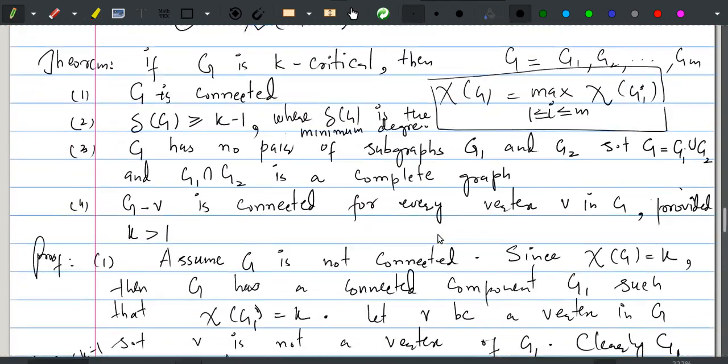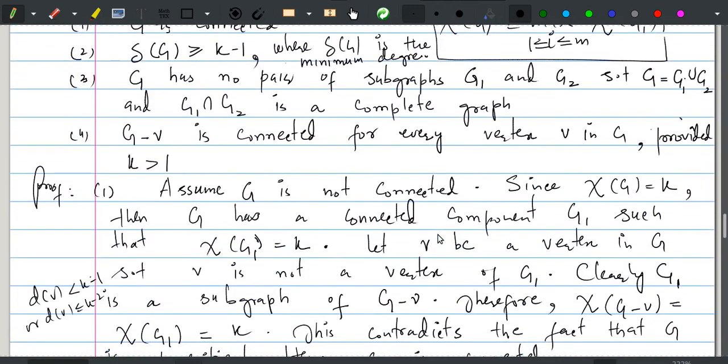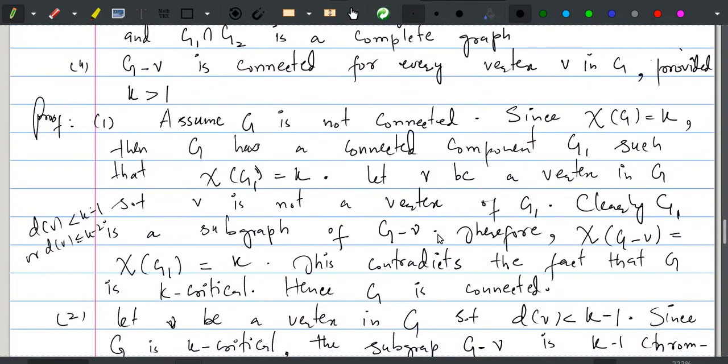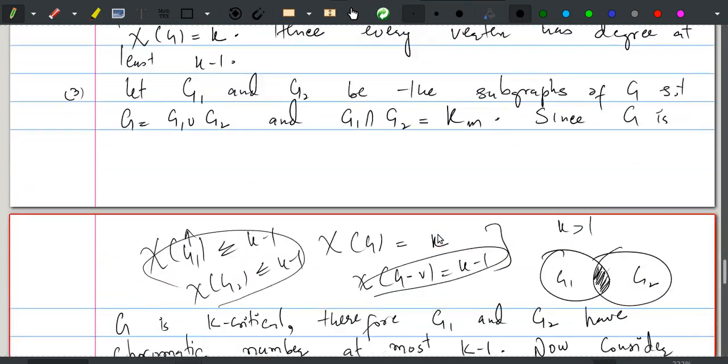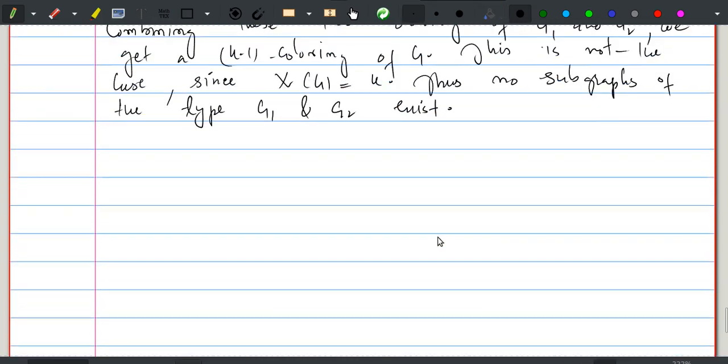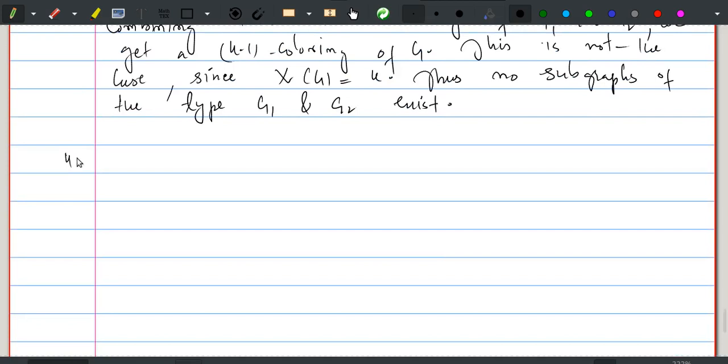Now finally we have to prove G minus V is connected for every vertex V in G, where k is given to be bigger than 1. So finally we have the fourth item. So what we have to prove?